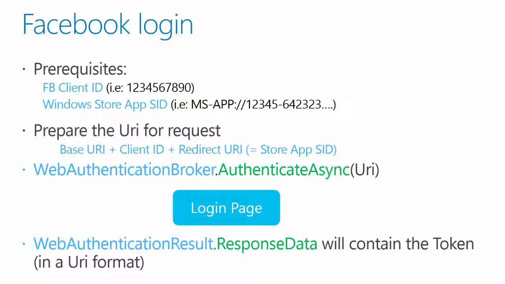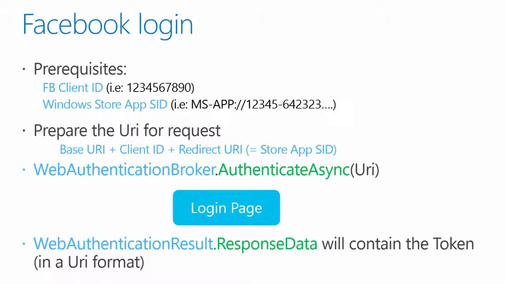Okay, now that we know how the protocol works, let's see a real example using Facebook. In the previous video, you learned how to associate a Windows Store application with a Facebook application. What we need here are the Facebook client ID and the Windows Store app ID. We need these values just to create the login URL for Facebook. This URL is what we need to pass to the AuthenticateAsync method.